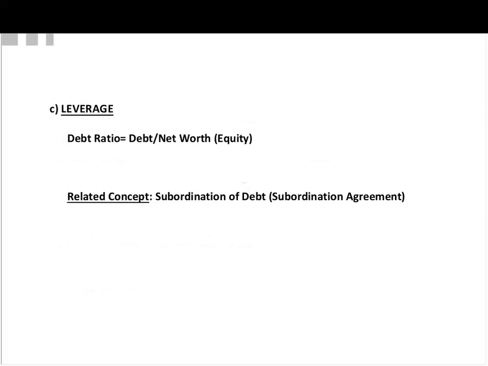Going forward to page number 16, higher level related concept, subordination of debt. What if Bob and Sue had provided a $200,000 loan personally to the business? We could have them sign a subordination agreement, and that $200,000 is subordinated to you. Say you're the bank.